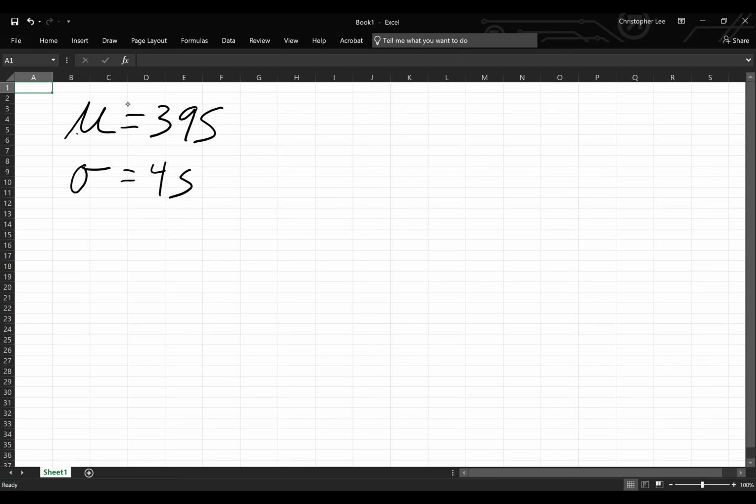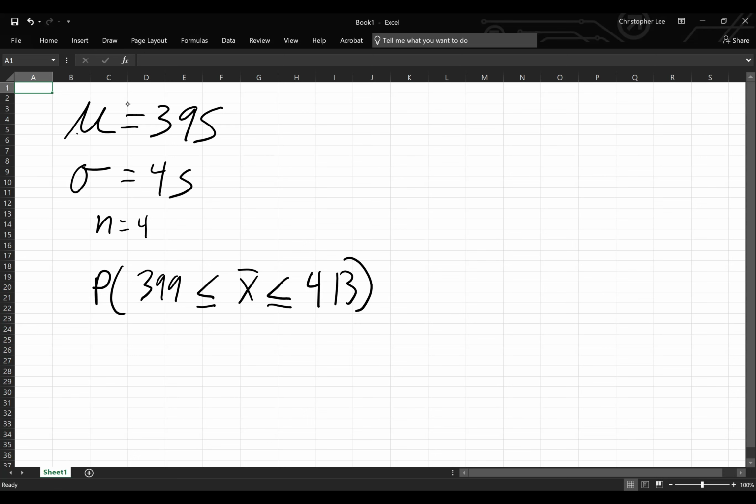So they want to know what's the probability, with n equal to 4, of 399 less than or equal to x bar less than or equal to 413? That's what it means. I'm just reading the words and then writing this out.